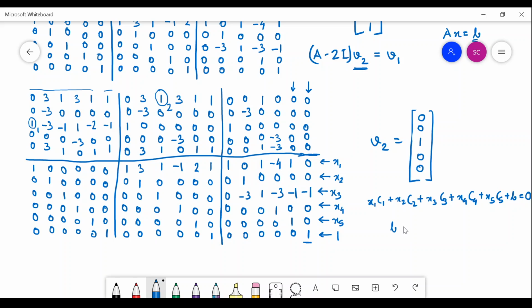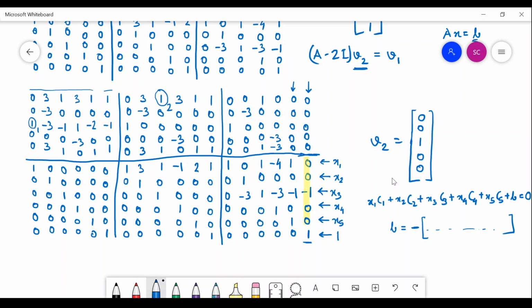So b is minus of this entire thing. Whatever value you are seeing here, you have to take a minus of it, and that would be the entries of your unknown x, which in our case is v2. Please understand this part. You have to take the minus of these x1 x2 x3 x4 x5, so that you can form this unknown vector x. So you have to take the minus of these elements which you see here.